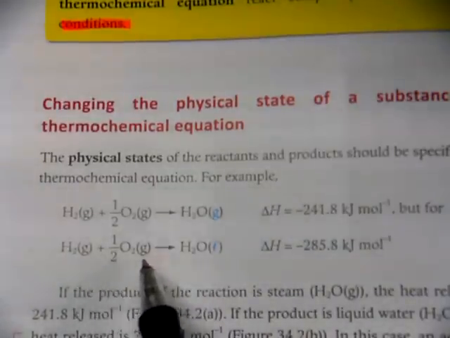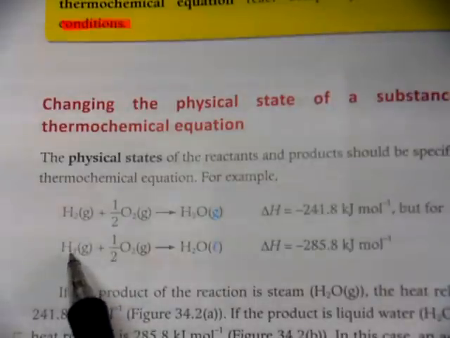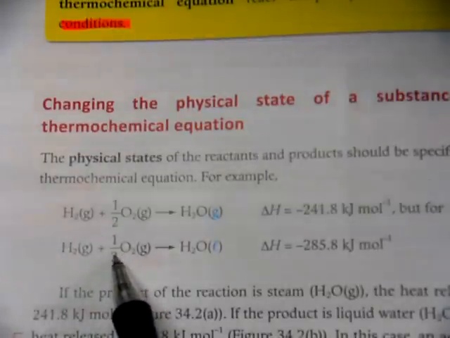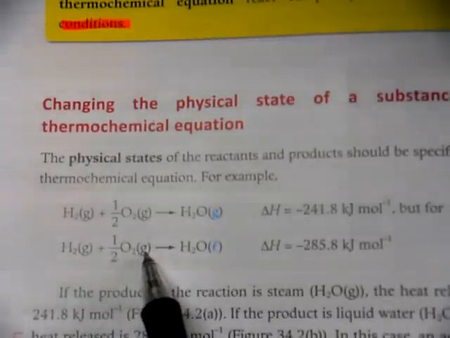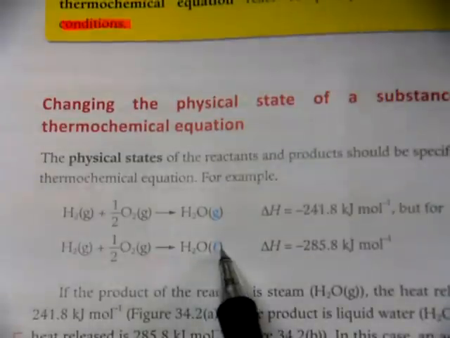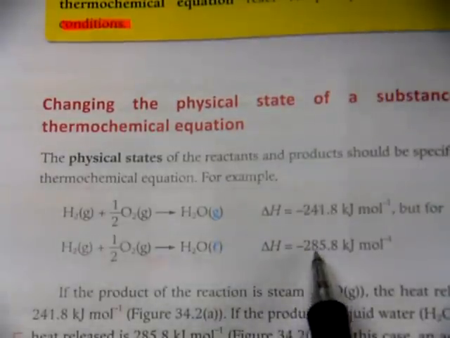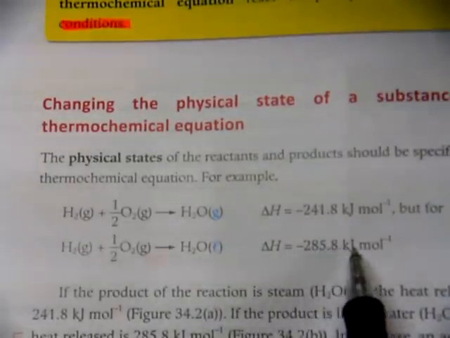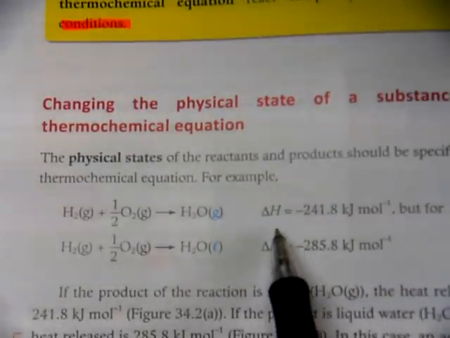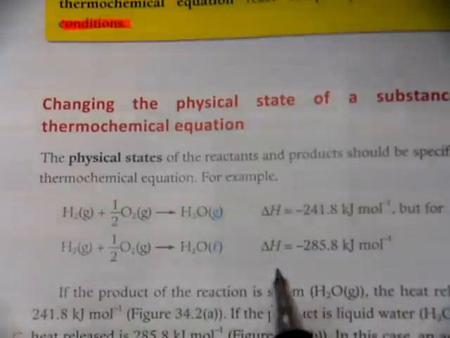Now let's look at another one. When 1 mole of H2 gas reacts with half mole of O2 gas to form 1 mole of H2O liquid, 285.8 kilojoule of heat is released. Again, no need to mention standard conditions.